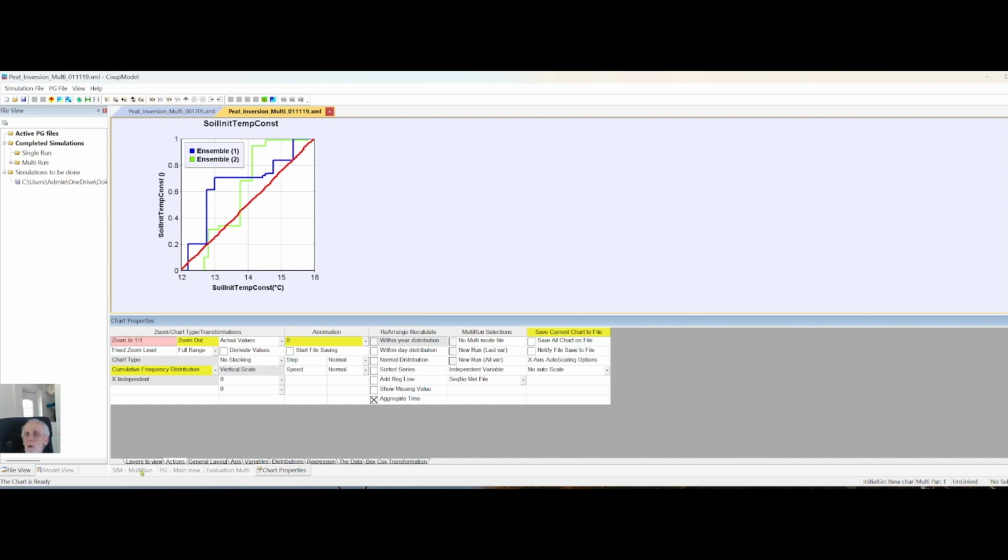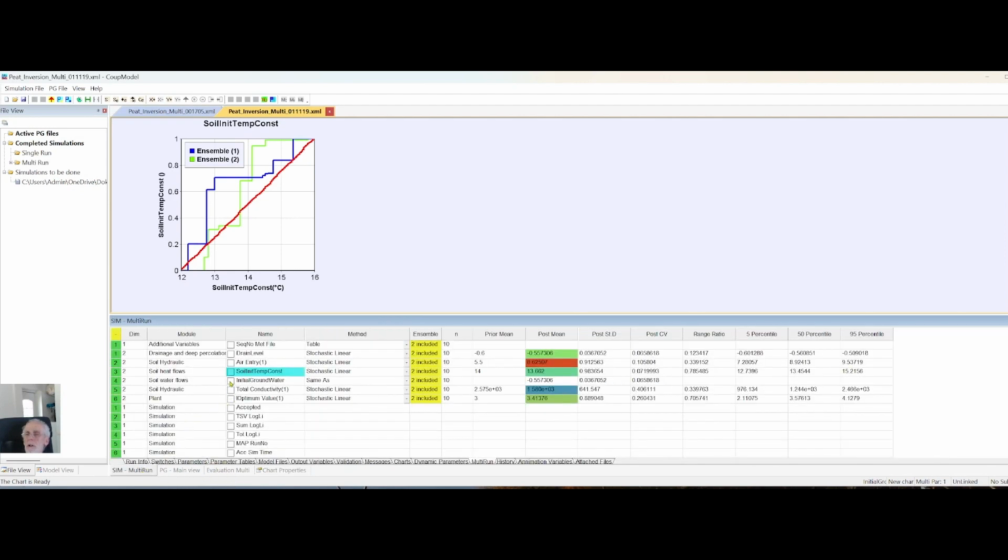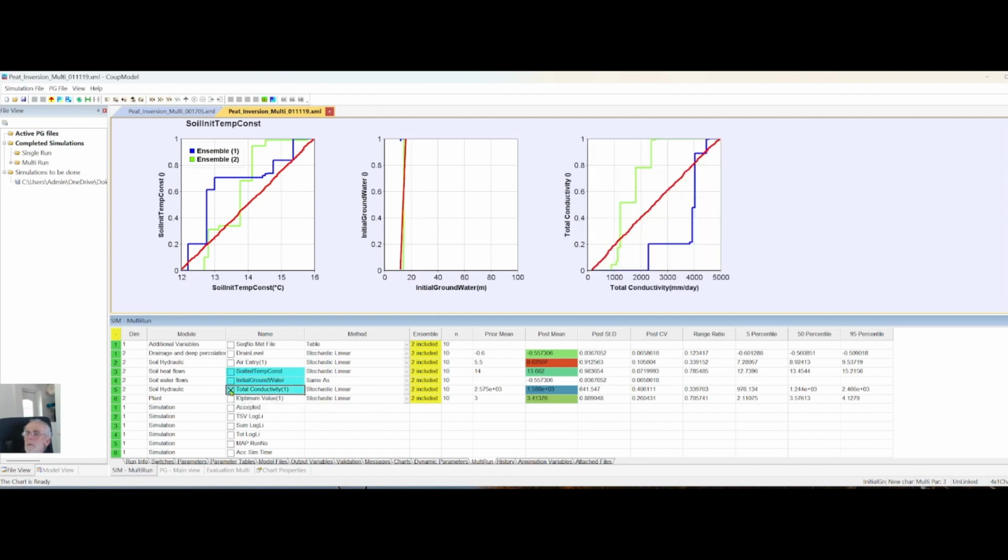We can look to the other parameters in the same way, and then I will just click on the X here to get more charts. So I will take 4 charts now, and then we look at the initial groundwater, the total conductivity, and this optimum value for the leaf area index.